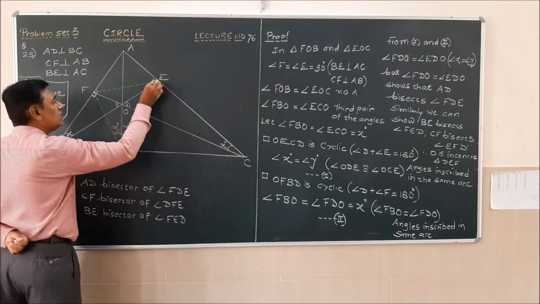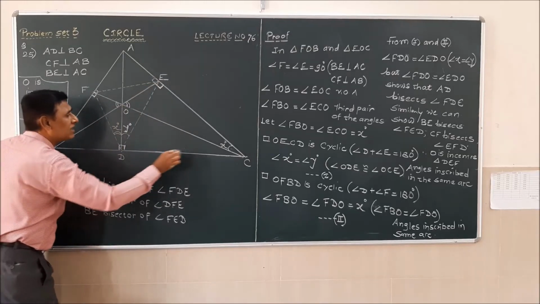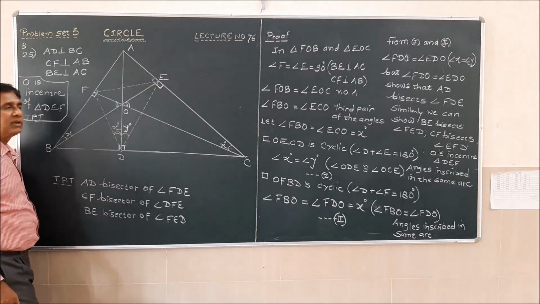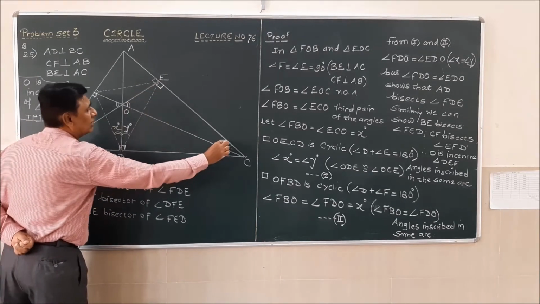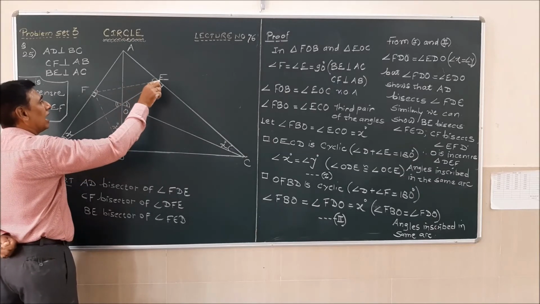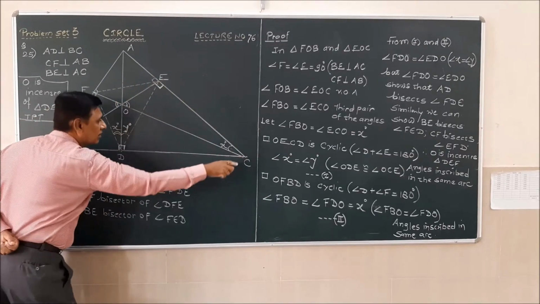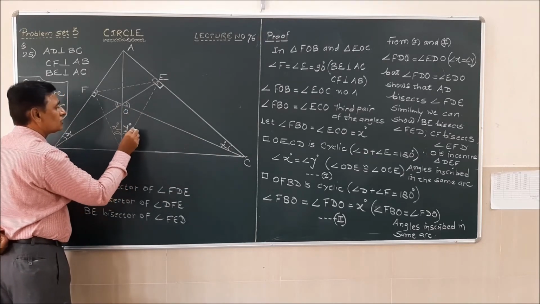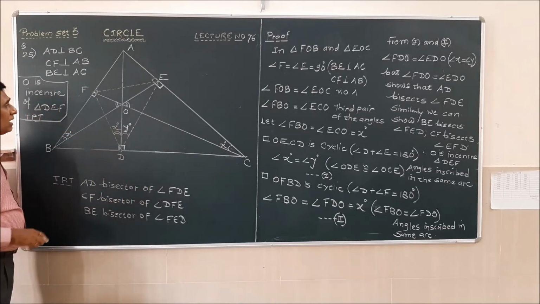Fine. Then next to that, EOBC is cyclic. Why is it cyclic? Opposite angles are supplementary. Therefore, this angle and this angle are angles inscribed in the same arc. These are the angles inscribed in the same arc. So that is how you will be getting X is congruent with what?